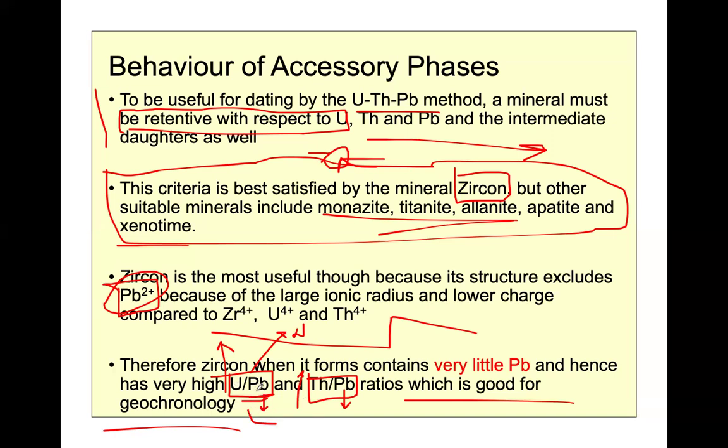Zircon is one of those, because lead 2 plus, the most abundant ionic type prevailing in our samples, is excluded by the structure. It's a structural matter. Maybe the ionic potential is different or not matching. Therefore, it can easily be excluded from the mineral. That makes the uranium-lead and thorium-lead ratios very high, right?